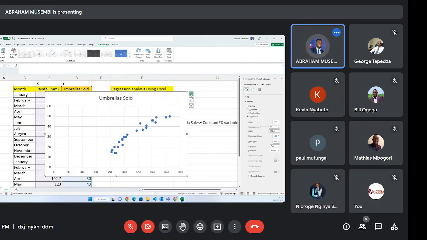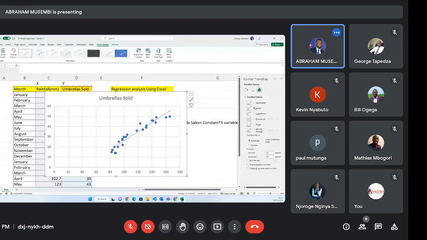So you go to this plus sign, then go to trendline. Under trendline you can go to more options, and when you go to more options you will see this part. We need a linear relationship, and under it we also need to display our equation and the r squared.